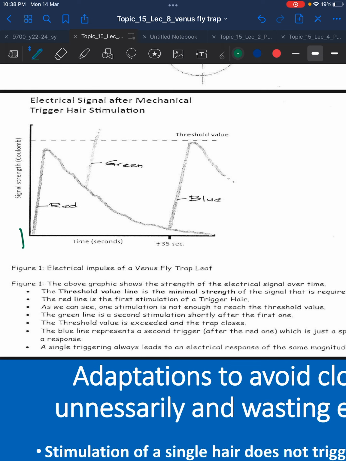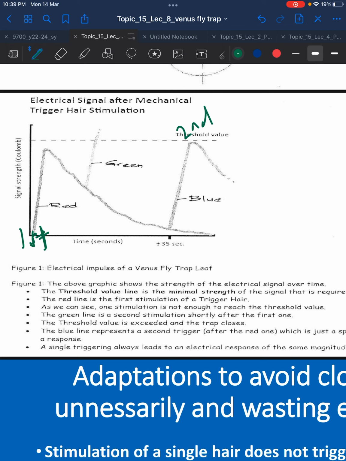This is definitely the first one, the first deflection of hair. If the second deflection occurs less than 30 seconds or between 20 to 30 seconds, then action potential will occur here.